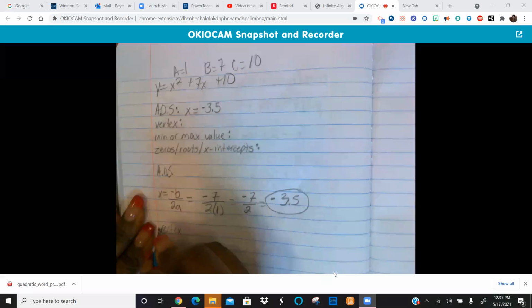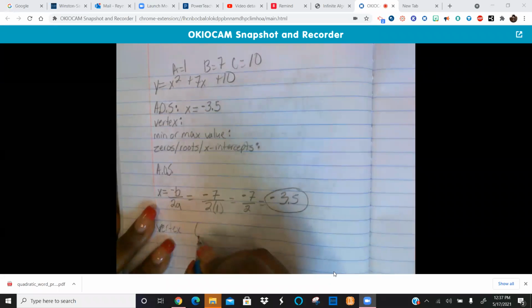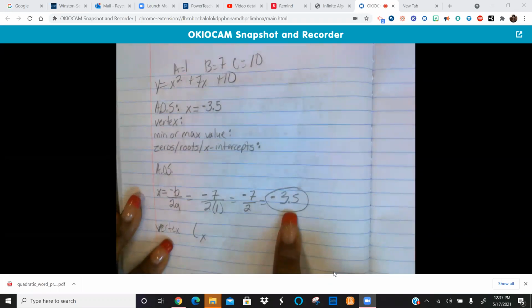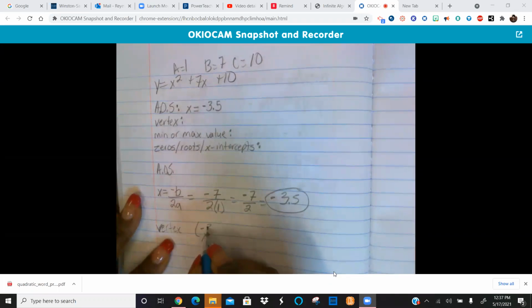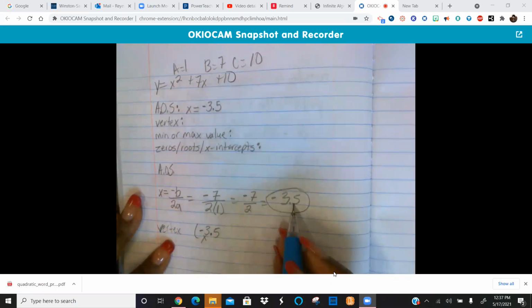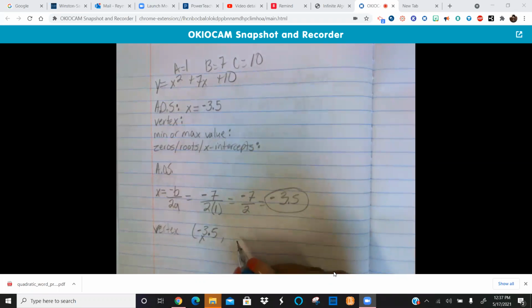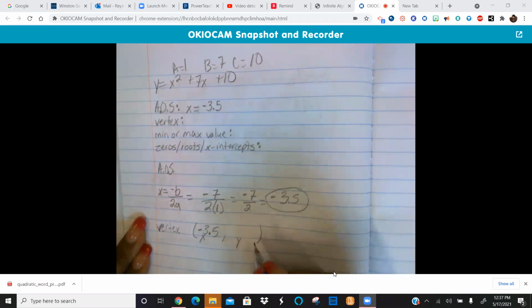All right, so your vertex, we already got the x coordinate for the vertex, which is negative 3.5. So if you get the axis of symmetry wrong, you got the vertex wrong also. Make sure you put your phone up, guys. So now we want to figure out what y is.